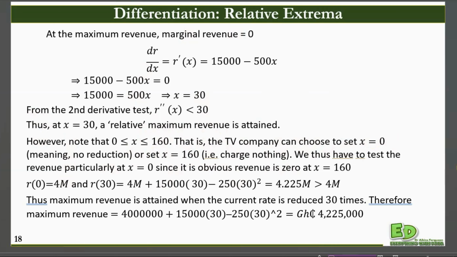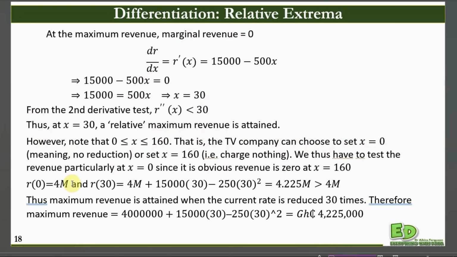Okay, we thus have to test the revenue particularly at x equal to 0, since it is obvious revenue is 0 at x equal to 160. What do you do? That is the extreme value theorem. We put this 0 in place of the revenue function, we are going to get 4 million. Note that this is a revenue function. This function over here, you are going to get what? 4 million, if you put 0 there.